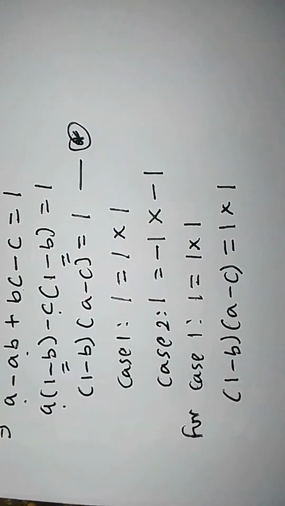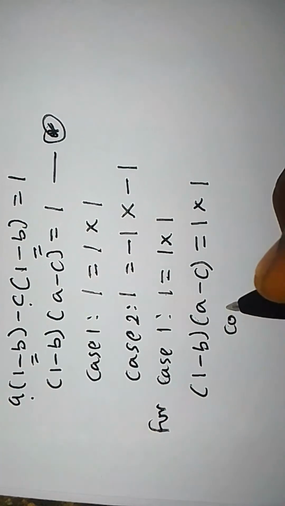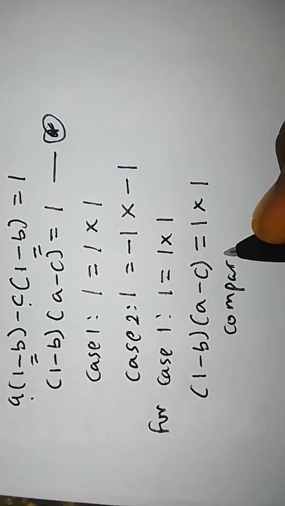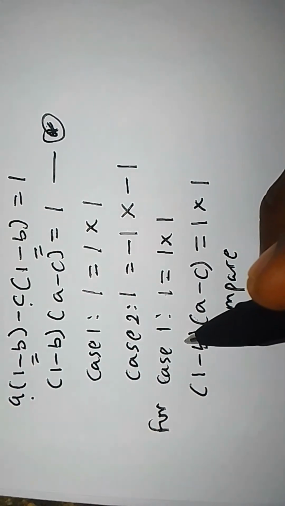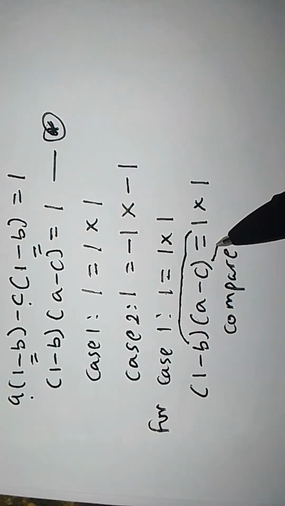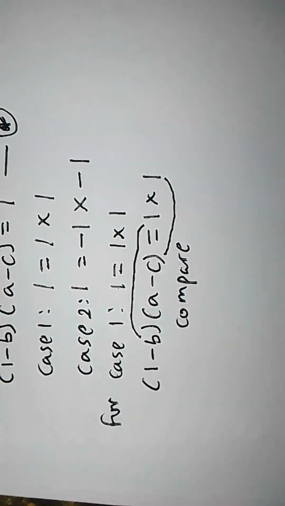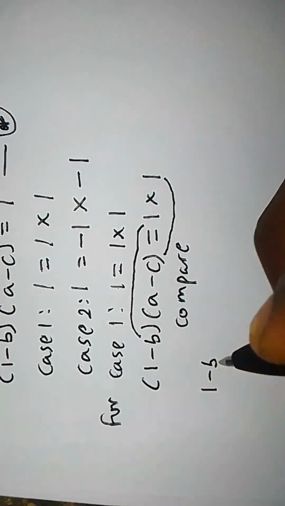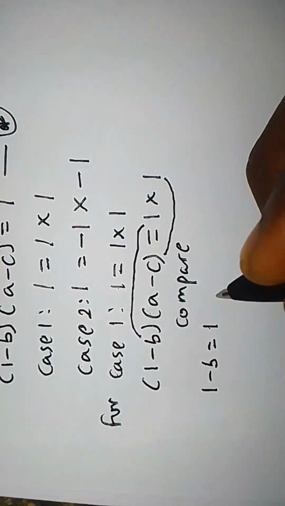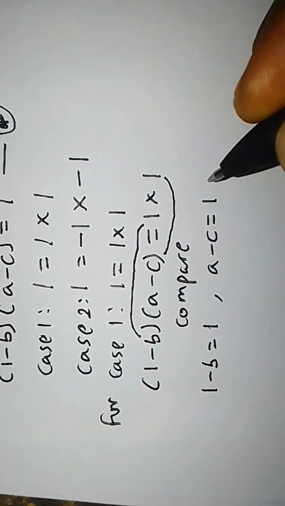At this stage, let us compare. 1 minus B will be equal to 1, while A minus C will be equal to 1 also.